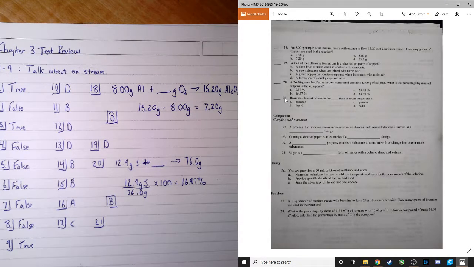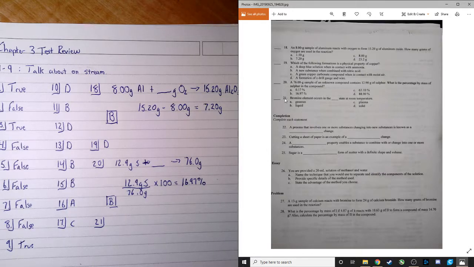Bromine element occurs in what state at room temperature? This would be on your periodic table. If you look at your periodic table and you find bromine, you will see that bromine is a metal. Not metal, sorry.